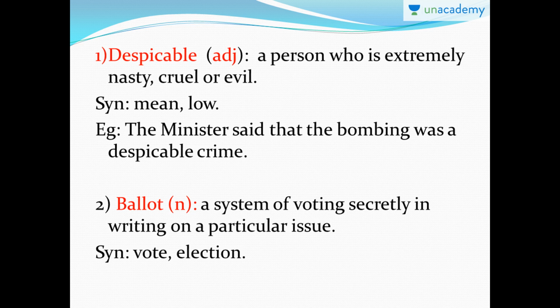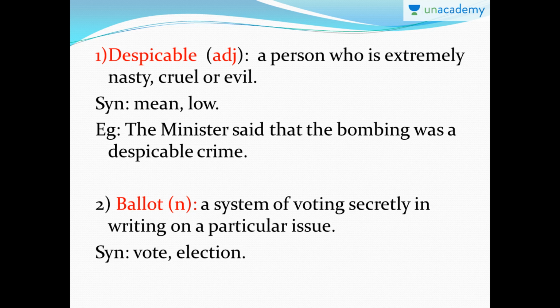The second one is ballot. That's a noun. A ballot is a system of voting secretly in writing on a particular issue. So this is a form of election where you vote, but secretly, not very publicly, in writing on a particular issue.